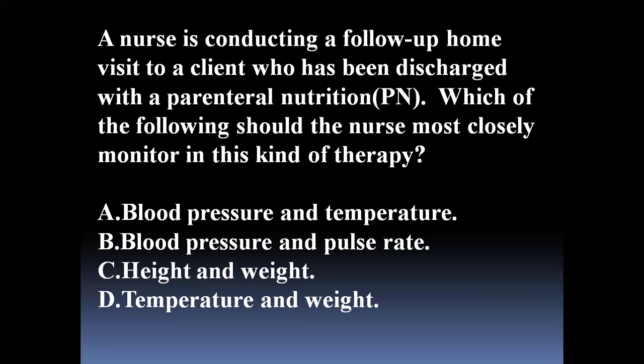Okay, what you have to remember is this. In parenteral nutrition, there are two main complications. The first one is infection. The second one is hypervolemia also. So these are the two important complications we have to look for. If the temperature is increased, there are signs of infection. So when you go to the patient to check for complications, you have to check the temperature.